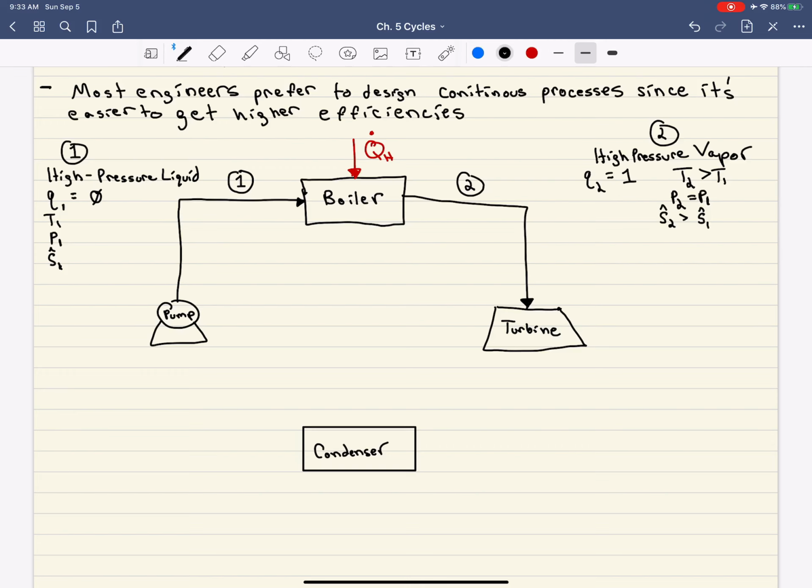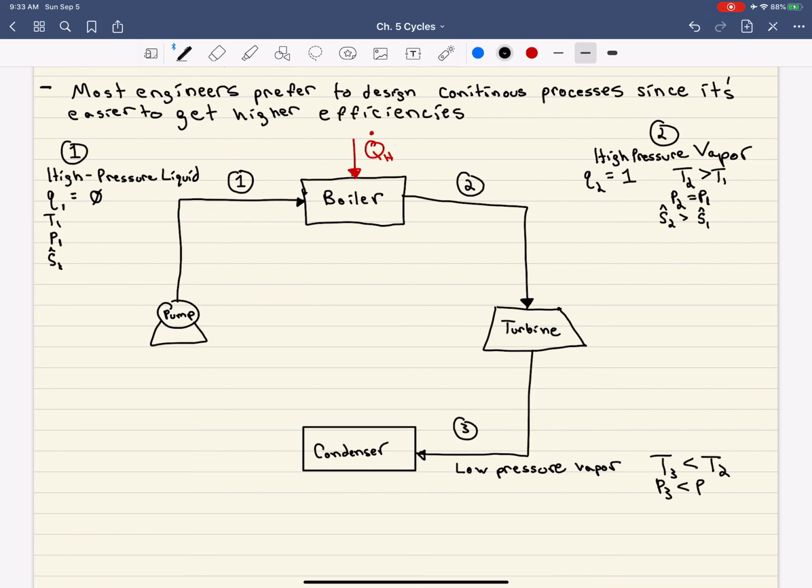Then this vapor is fed into a turbine where it's depressurized to form a low pressure vapor, where its temperature is less than the temperature of stream 2. Its pressure is lower, right?